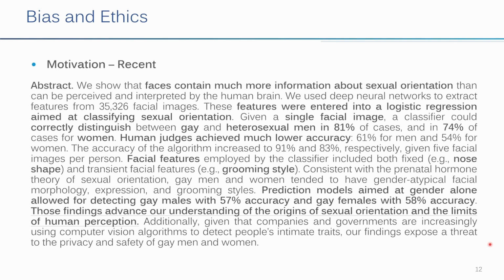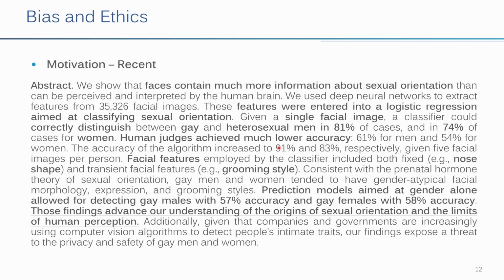This is an abstract for a paper in which they reported that faces contain much more information about sexual orientation, and that these features were entered into logistic regression aiming to classify sexual orientation. Given a single facial image, a classifier could correctly distinguish between a gay and a heterosexual man in 81% of the cases and 74% of the cases for women.